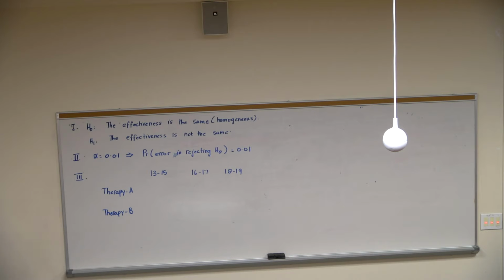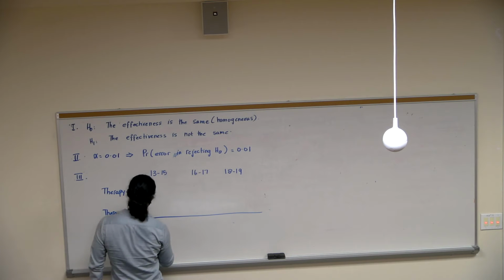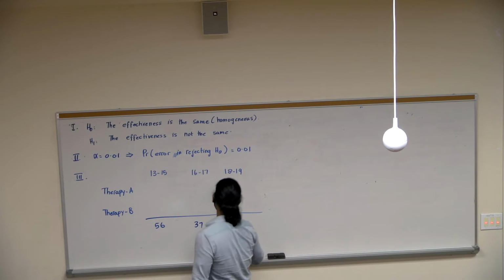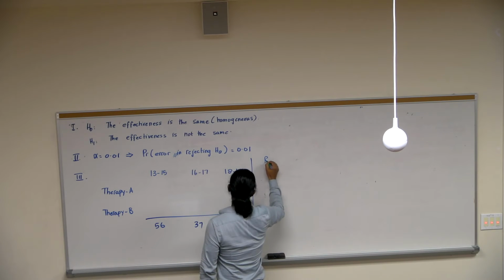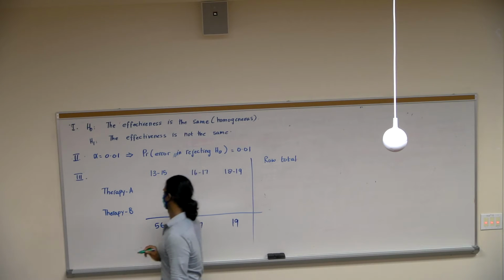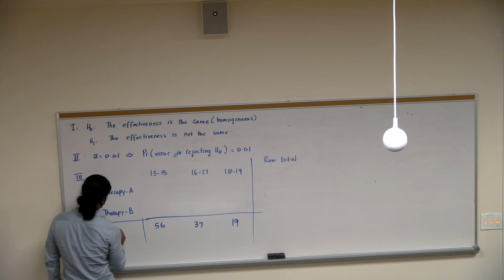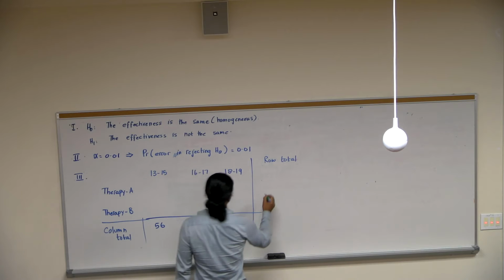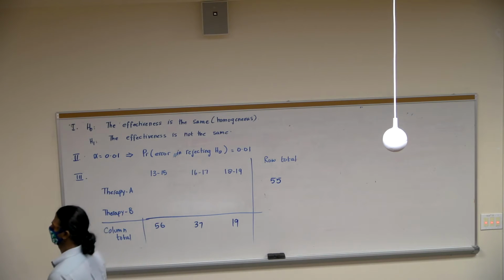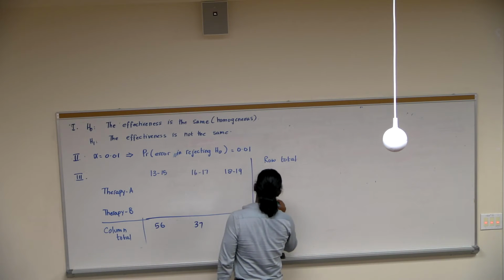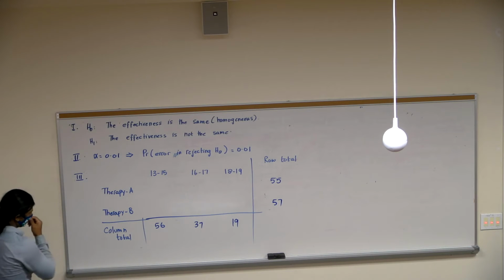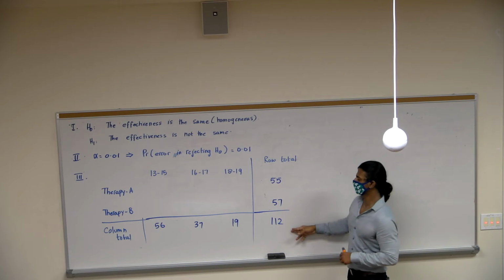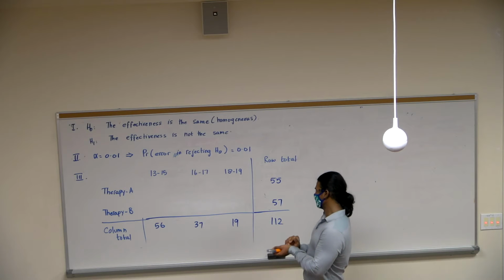So 56, 37, 19. When we add the row totals, it would come to 112, and it has to be the same if we add all of these, or else we made a mistake in addition somewhere.